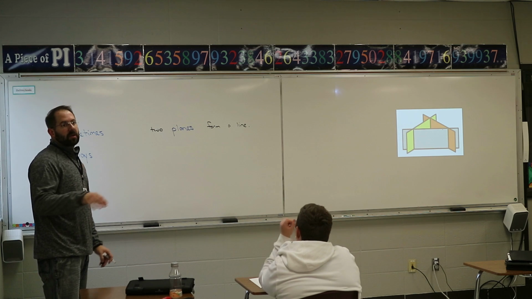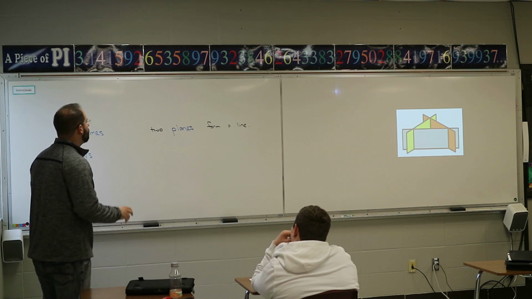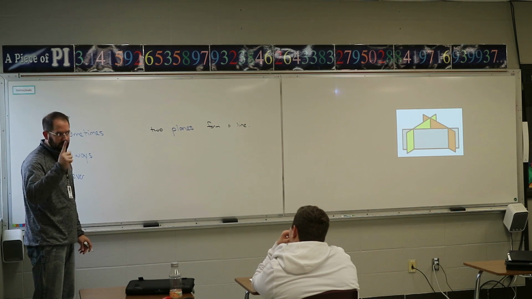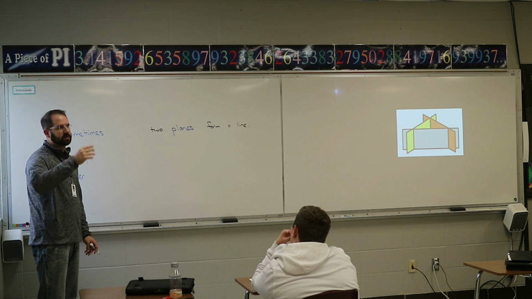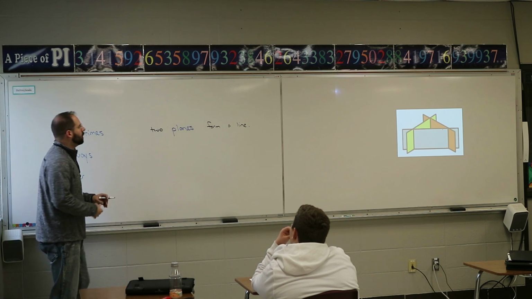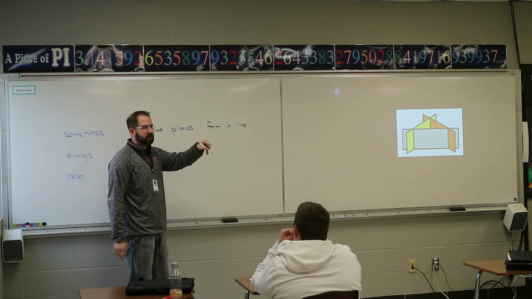Now, I didn't put the word intersect, so that throws that out the window. Do two planes form a line? Yes, they could. Two planes could form a line. They could, mind you, because of what Jacob said earlier, it said 2.7, so that's sometimes. But do they always have to form a line? No. And this is what Wheeler was talking about.